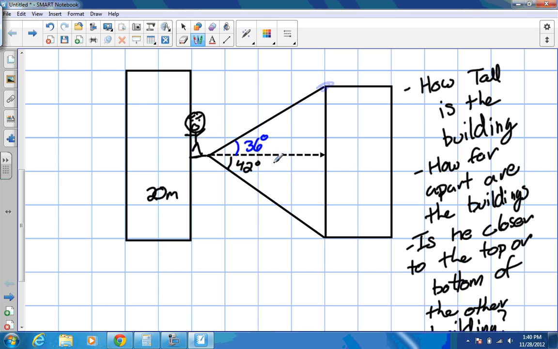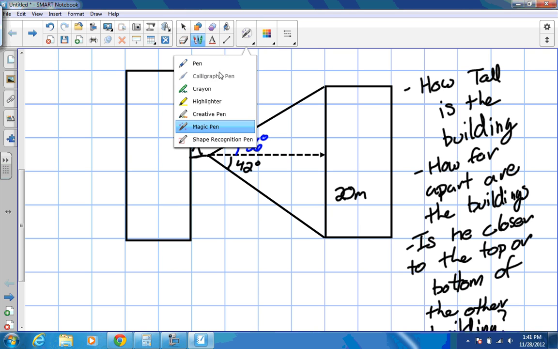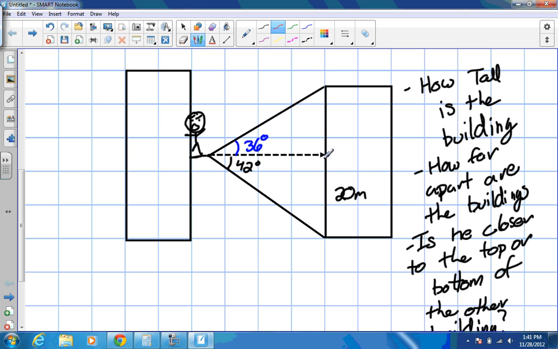Okay. So what he's going to do is make right-angle triangles out of this. Because this balcony is 20 meters up, he knows that directly across from him is 20 meters above the ground. In other words, from here to the bottom of the building is 20 meters.